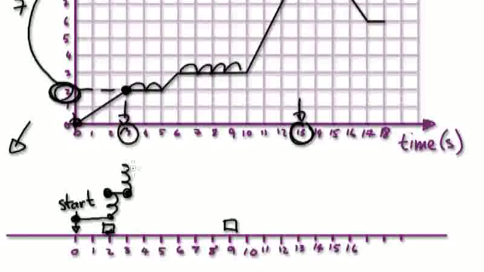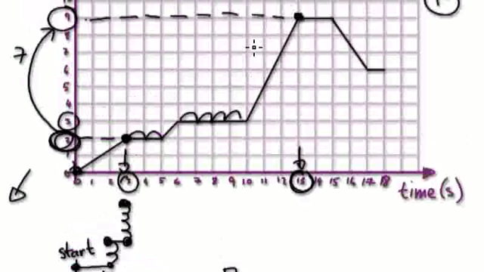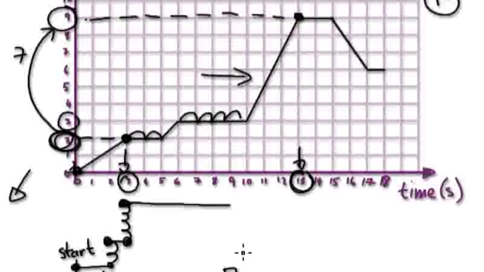So it's 1, 2, 3, 4. Sorry, I'm talking rubbish. You're stationary. Remember, you're not moving. You're still at 3 meters here. And then at this point here, you would travel really fast. So here, after 3 seconds, you would have made it to the 9 here, the distance of 9.